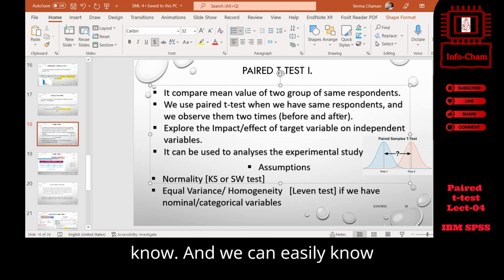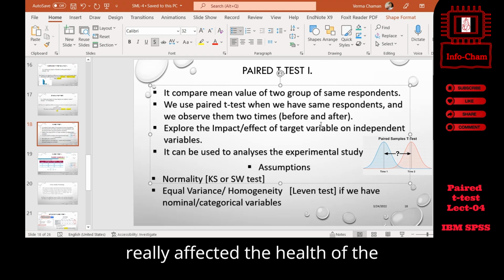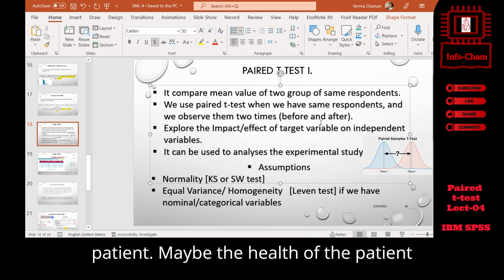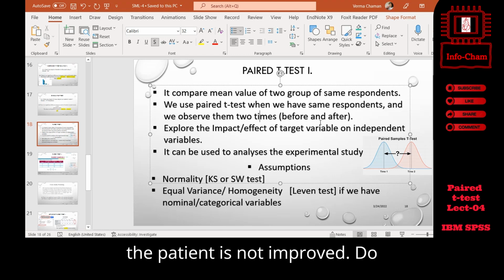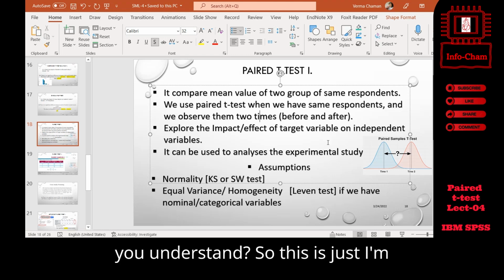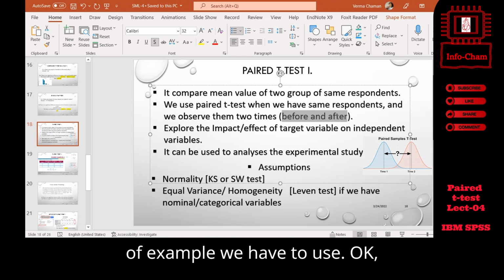We should know, and we can easily know whether the treatment is valid or not. Did it really affect the health of the patient? Maybe the health of the patient improved, or maybe it did not improve. Do you understand? I'm just giving an example. In this type of example we have to use it.